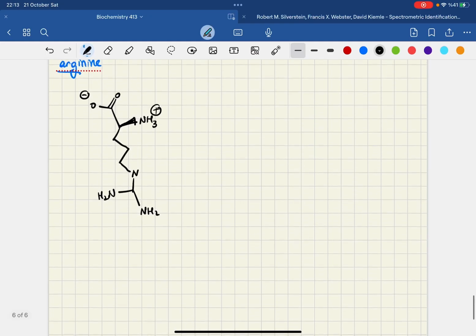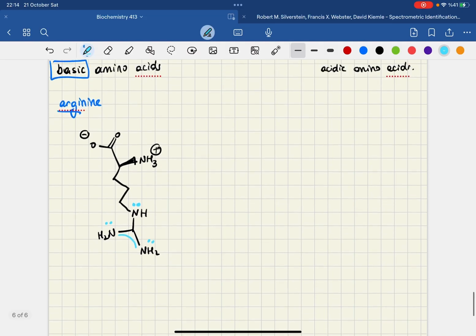And as we know, nitrogen has 5 valence electrons, and therefore we will still have 2 valence electrons over here, and then we will have 2 valence electrons also over here, 2 valence electrons over here. And here the thing that we should know is that there is a resonance structure over here, and this is a basic amino acid.